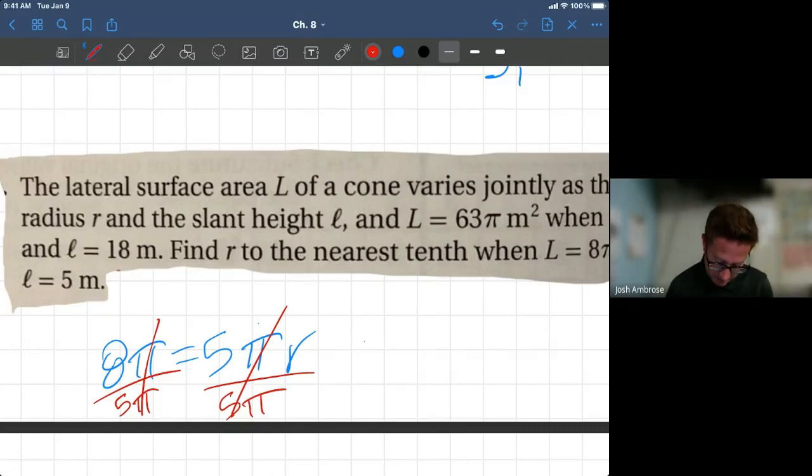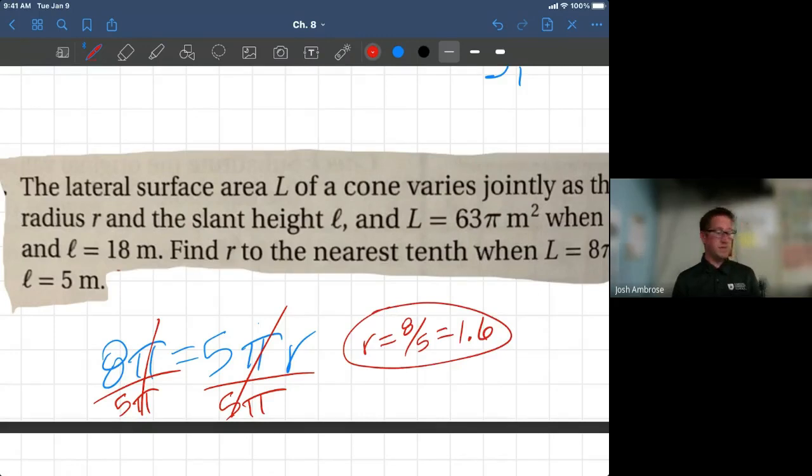R equals 8 over 5, which is the same thing as 1.6. That's what they were looking for with all of this work.